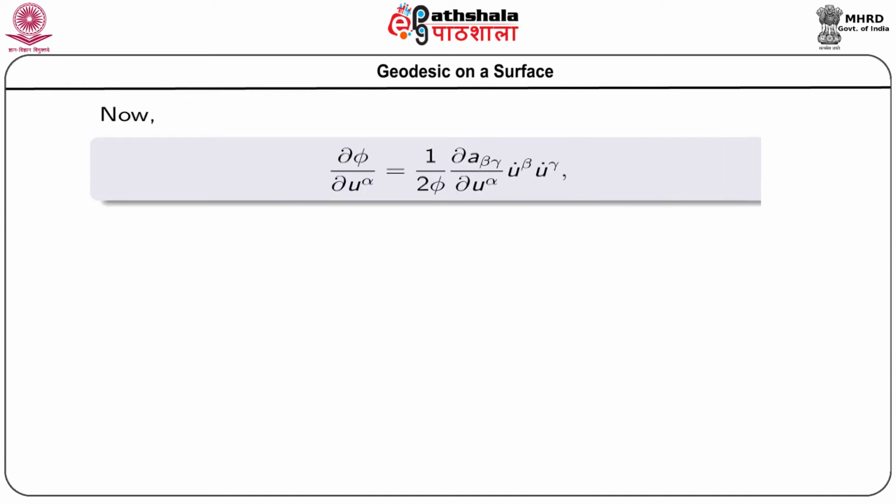Now, if we find the partial derivative of φ with respect to u^α, we get ∂φ/∂u^α equals 1/(2φ) ∂a_βγ/∂u^α u̇^β u̇^γ.